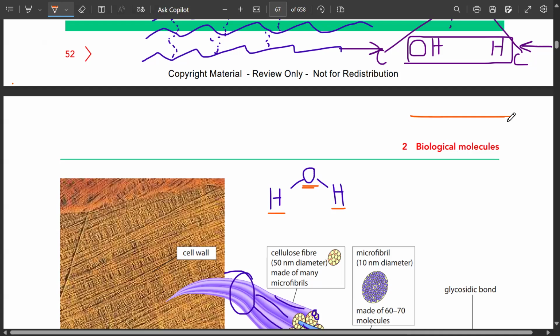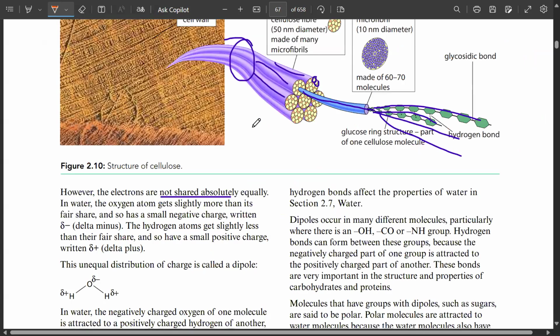As you move towards the right and up the periodic table, the electronegativity increases. So the more electronegative element gets a partial negative charge and the hydrogens both have a partial positive charge. So now when cellulose dissolves in water, water being a polar molecule, what's going to happen?